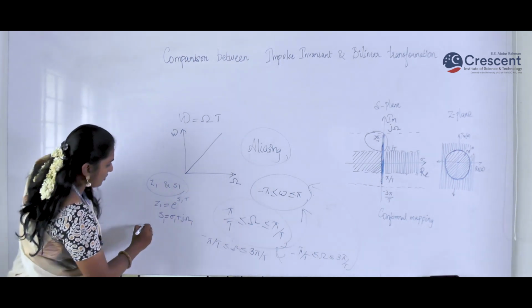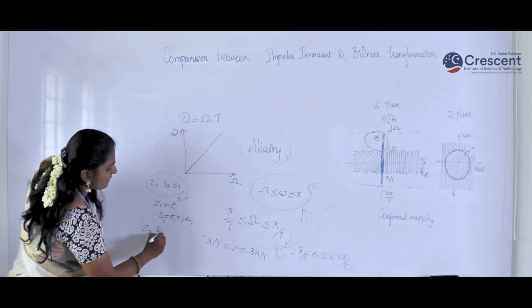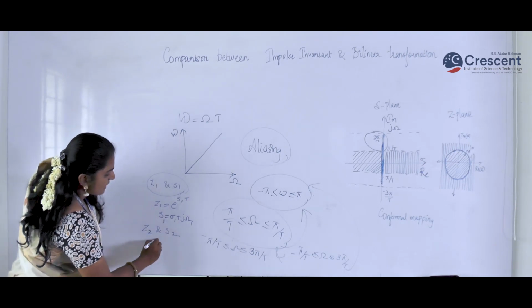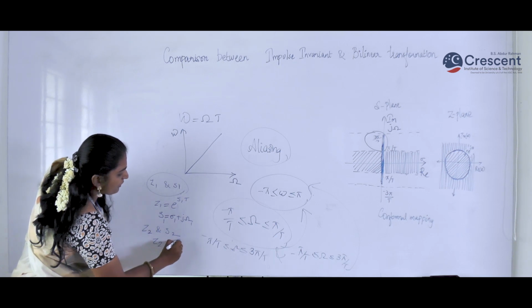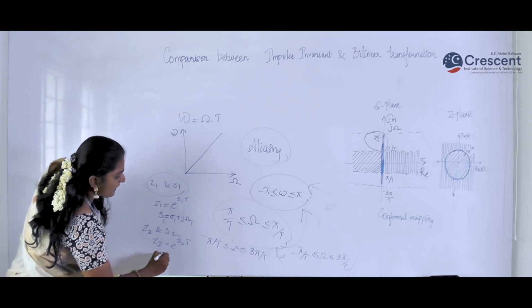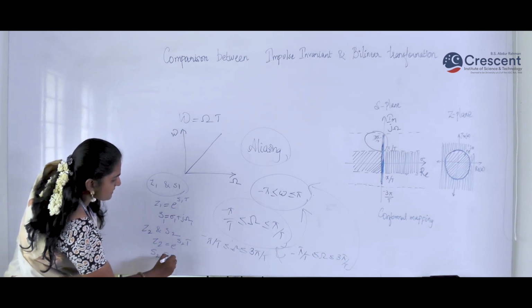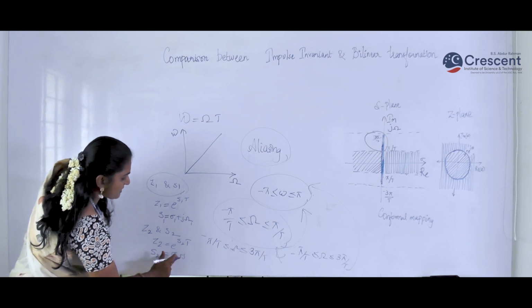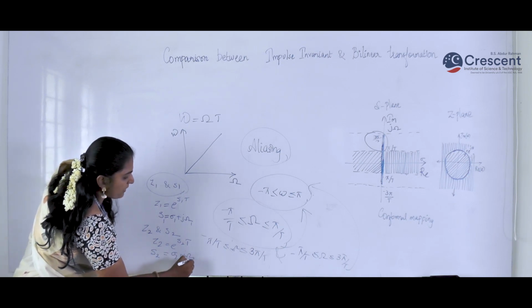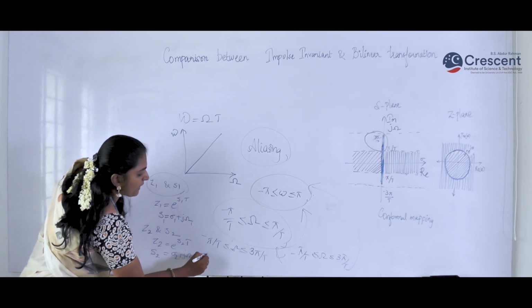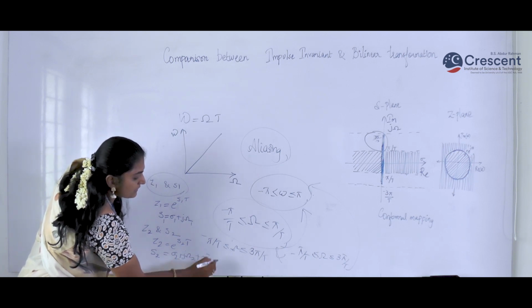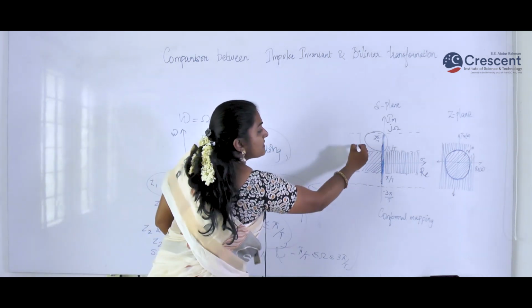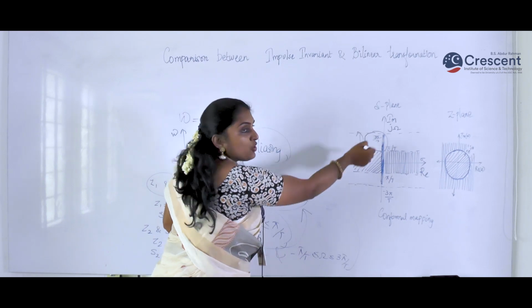I'll consider another pole also, Z2 and S2 relation. So Z2 is equivalent to e power S2 into t. I'll consider the pole S2 as sigma 2 plus j omega 2 plus 2 pi by t, that is, a pole lying in this region. This region is called the overlap region.